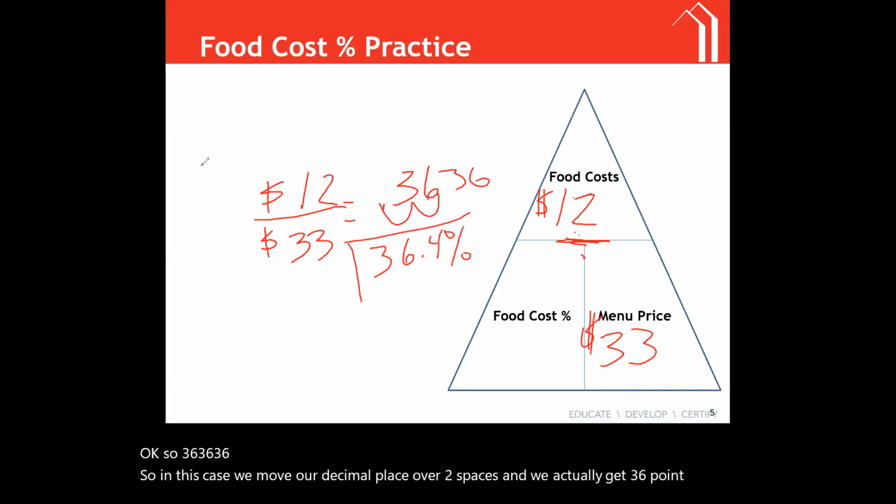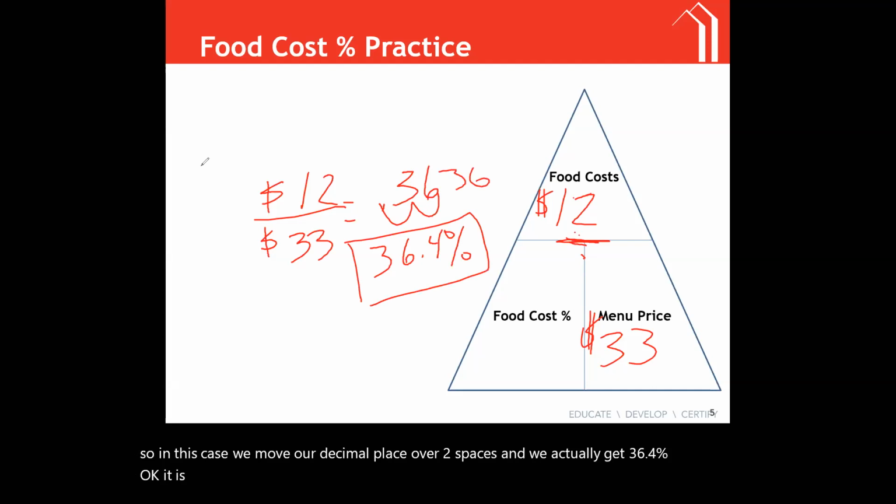It is okay to have 1 decimal place when you're talking about percentages. Just like our occupancy percentage, it's okay to have 1 decimal place. It's okay to do that because 36.4%, in this case, we're talking about $12 compared to $33.